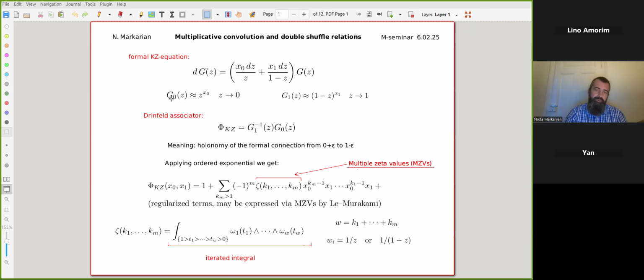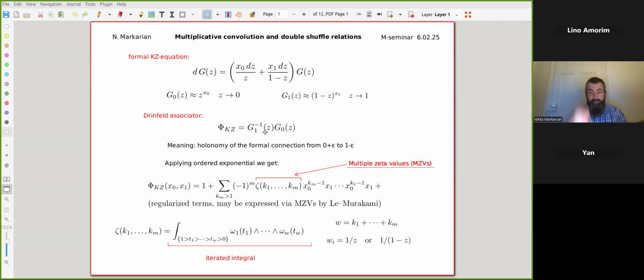The ratio of them is called the Drinfeld associator. It must be thought of as the holonomy of this connection from a point infinitely close to 0 to a point infinitely close to 1. Unfortunately, it's not well defined because of divergence.